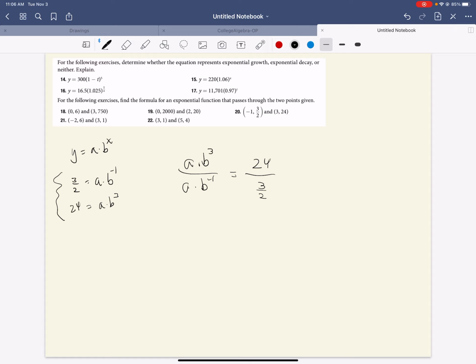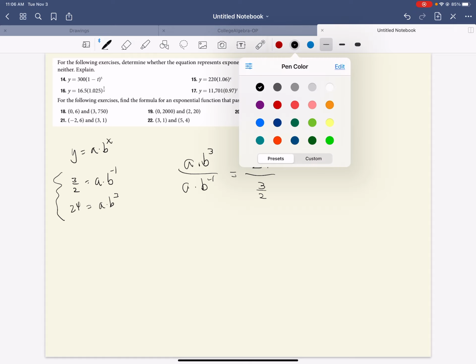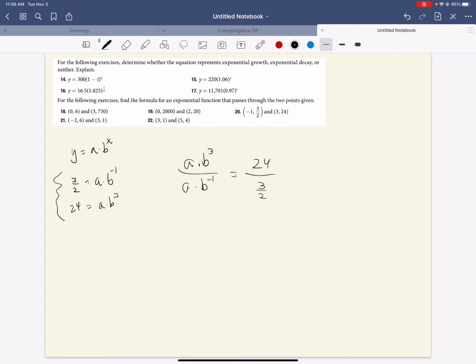Here's the cool thing about this and why this is how you want to proceed on these types of problems. What we get from this is the a's instantly drop out. And the b to the negative 1, we cooked it up so it came up top. And then you would have b cubed times b to the 1st.